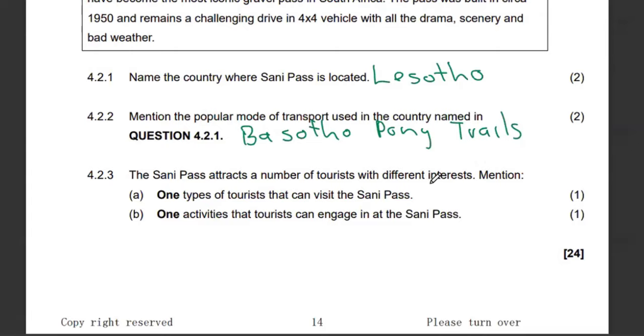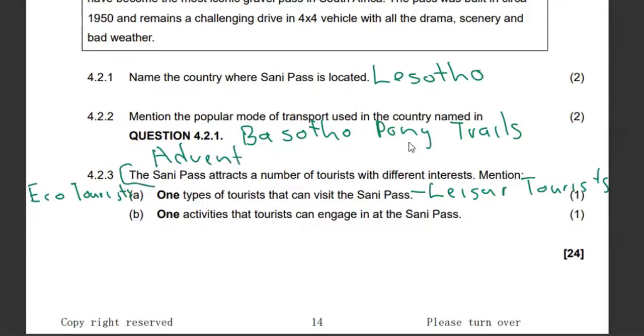Mention one type of tourist that can visit the Sani Pass. We do have leisure tourists, then eco-tourists, adventure tourists who would want to enjoy the 4x4 off-road adventure.